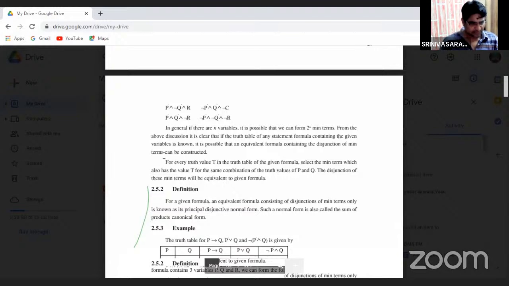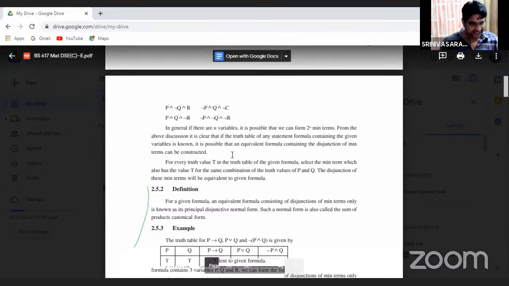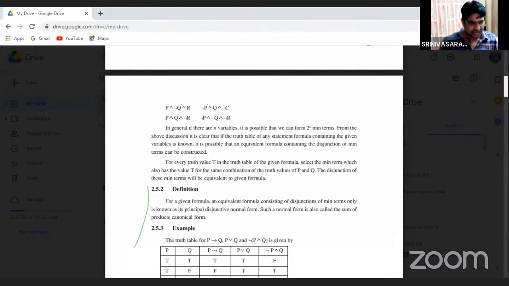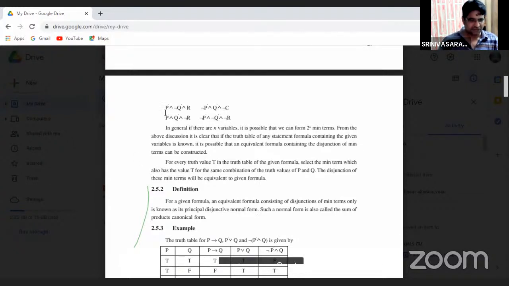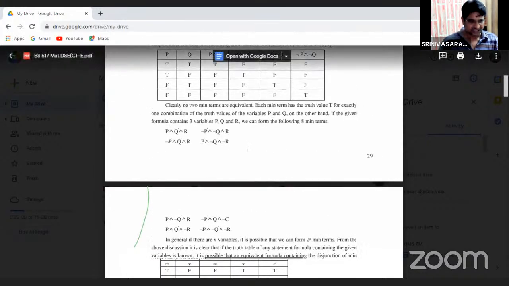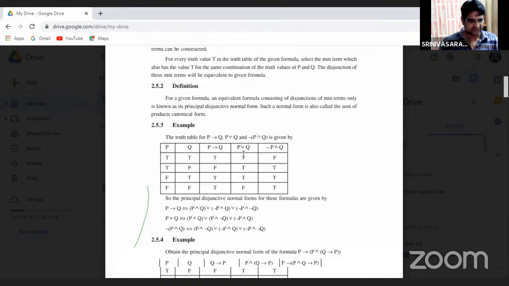So, from the above discussion, it is clear that for the truth table of any statement formula containing the given variables, an equivalent formula containing the disjunction of minterms can be constructed. Now, three variables are taken, and how do we construct the truth table? See this one.